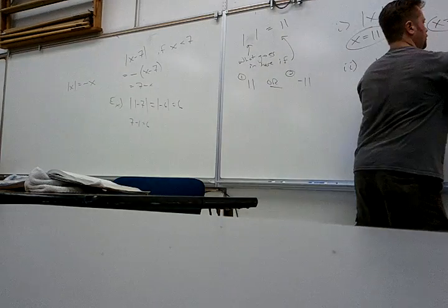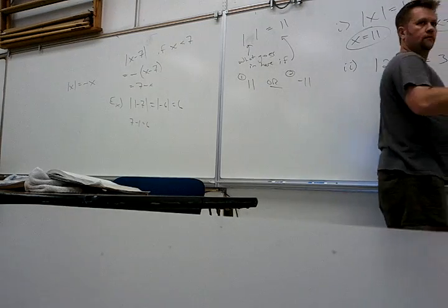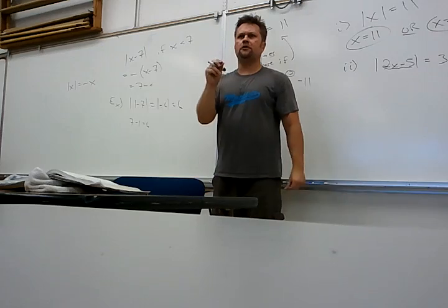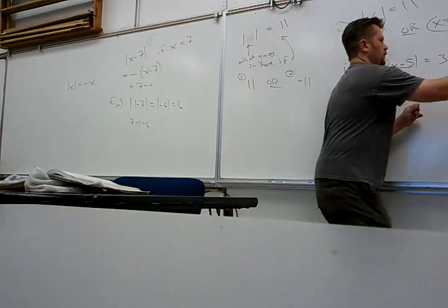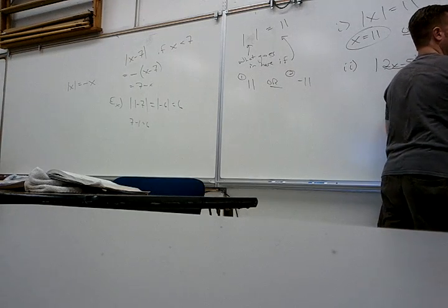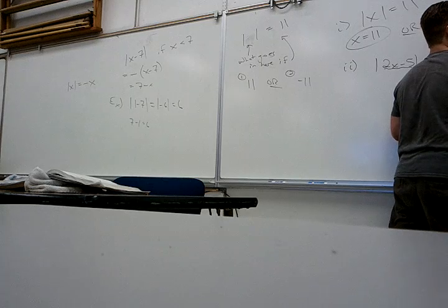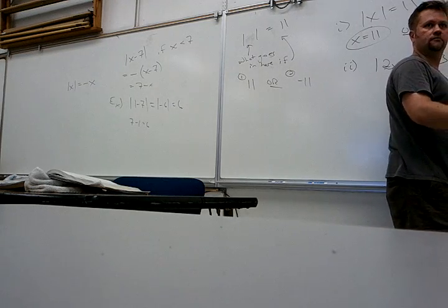All right, so real quick word about this. This is not this. An absolute value can't change a piece of a number. The absolute value of negative 5 isn't 6 minus 11, right?